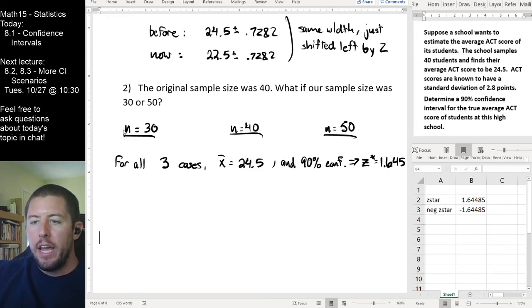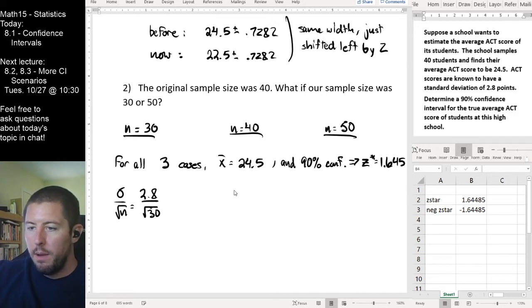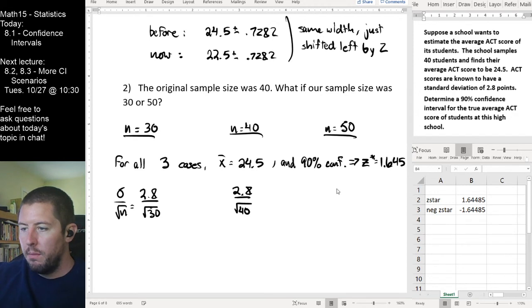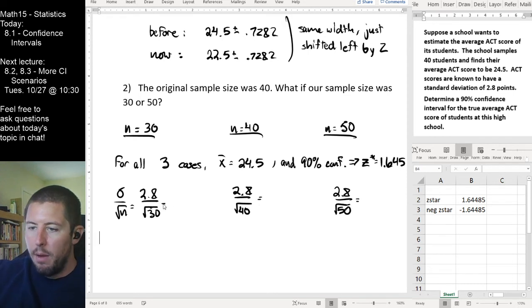What has changed when we changed n is the length of one standard deviation. So our sigma over root n has changed. Now I'm getting 2.8 over root 30, 2.8 over root 40, and 2.8 over root 50. We are going to use each of these new standard error terms as our length of one standard deviation, and that's going to affect the size of our confidence interval.